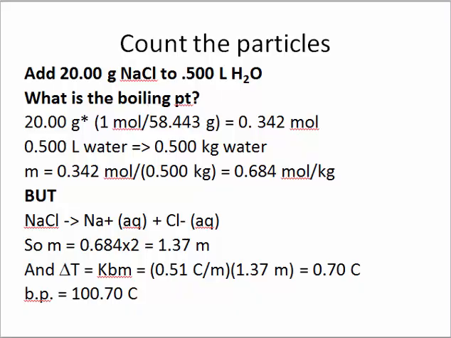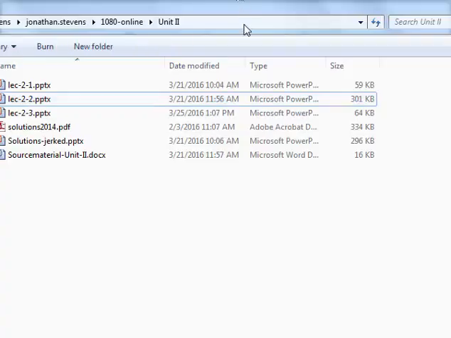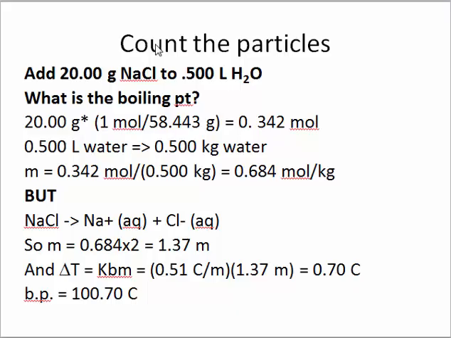Leaving one last example exercise illustrating the importance of the word colligative in colligative properties. Consider adding 20 grams of sodium chloride to half a liter of water. What is the boiling point? Well, we can convert grams of solute to moles as 0.342 moles.